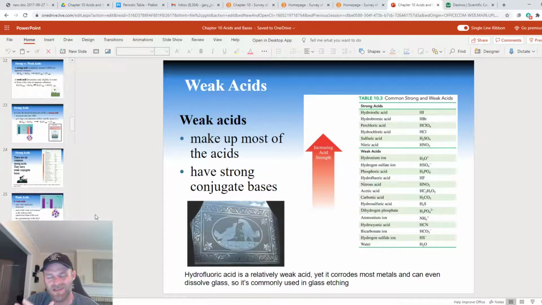So just something to keep in mind. Weak acids have a strong conjugate base. A strong acid has a weak conjugate base. And they work vice versa like that. And that also makes sense, because a stronger acid means that the H is breaking apart more easily.